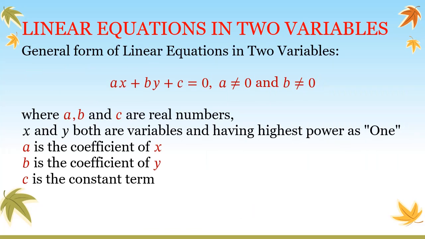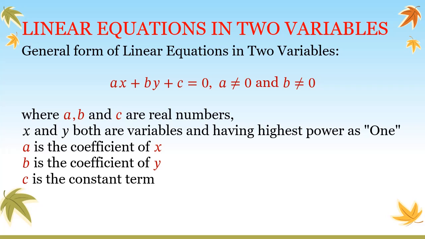Now, linear equations in two variables. The general form of a linear equation in two variables is ax plus by plus c equals 0, where a is not equal to 0 and b is not equal to 0. Now, a simple question arises. What will happen if a is equal to 0 or b is equal to 0?